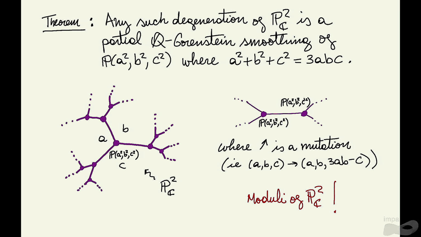So precisely the picture that you have for the Markov tree appears in this moduli space of CP2. So you replace P2 by these degenerations as an ending, okay?